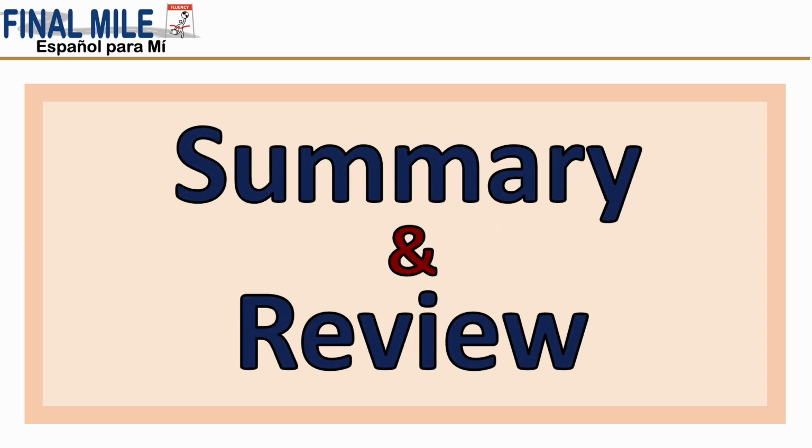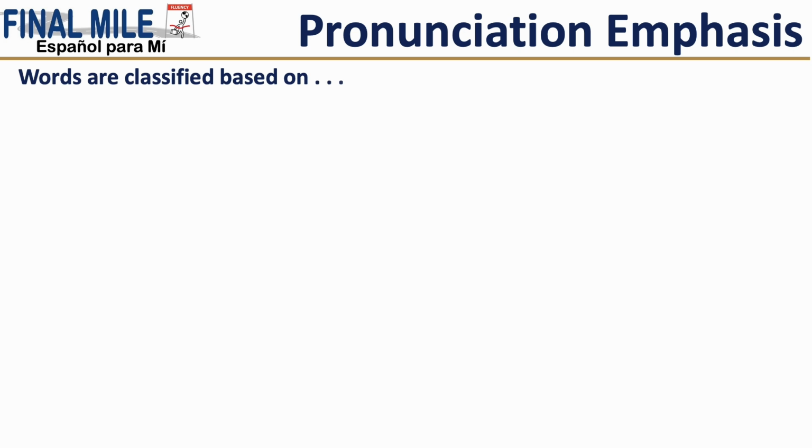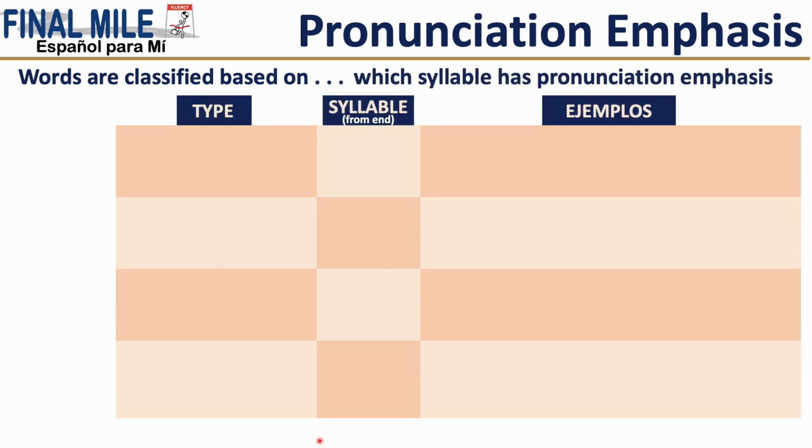Okay, quick summary. Based on the rules that we have learned so far, we are going to classify the words based on which syllable has pronunciation emphasis. We are going to have 4 categories, okay? Pronunciation emphasis is in syllable number 1. Remember, we're counting from the end of the word, from right to left.